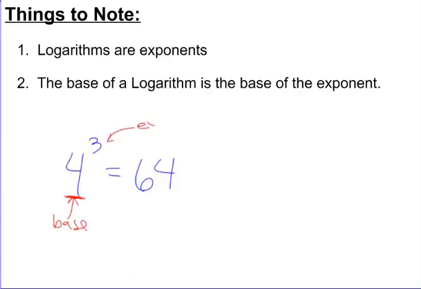This is called the exponent. The whole thing, 4 to the third, is called a power. Okay, the whole thing together is a power. And then our solution is the 64. So if you're doing some interchanging between logarithms and exponents, one of the things to note is that the base of the logarithm is the base of the exponent.